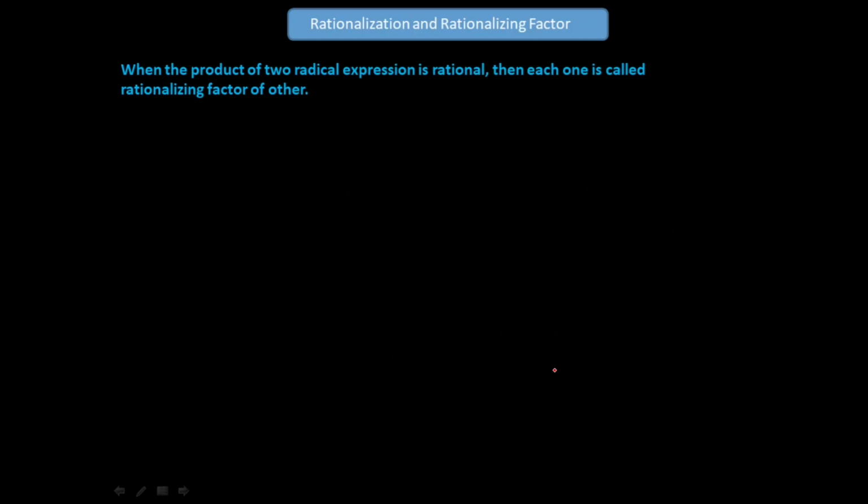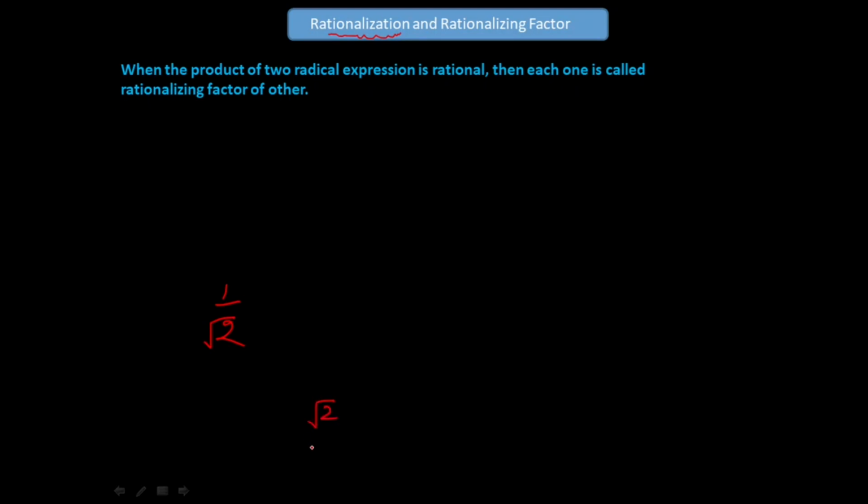Now let me tell you what rationalization is. It's a very important concept. There are many questions based on this concept and all are extremely important. We have an irrational number in the denominator. What is that denominator number?